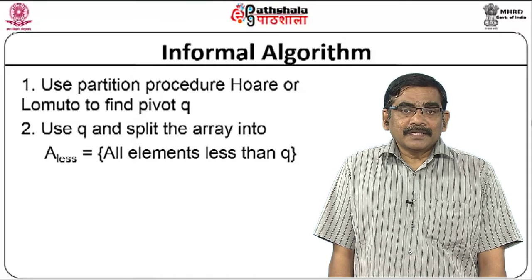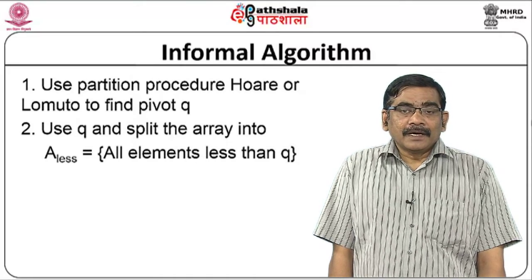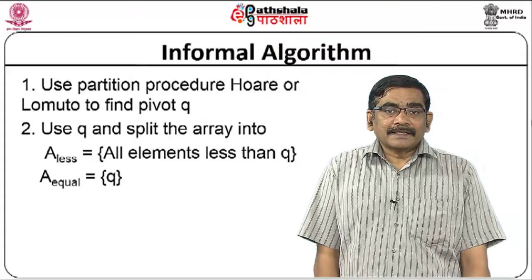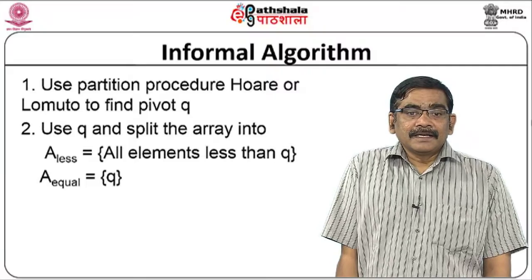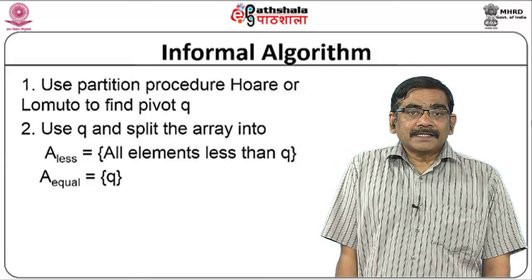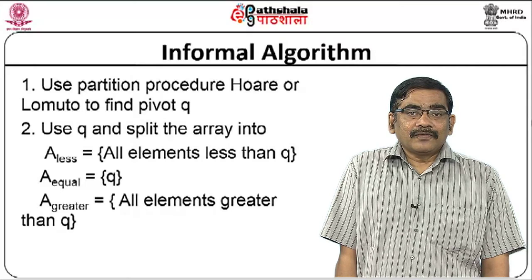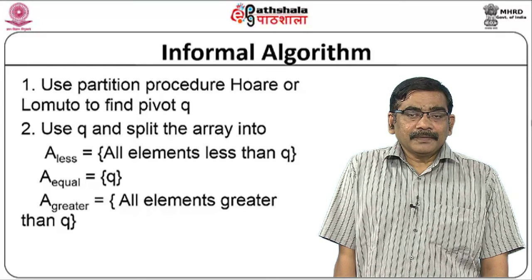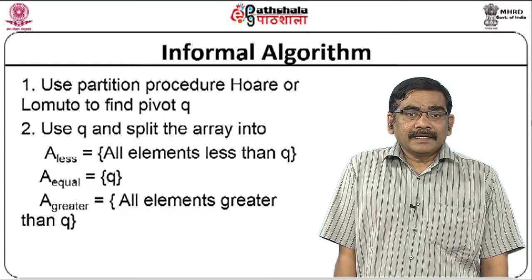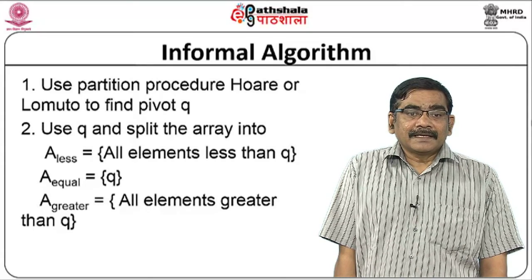Now, using this q, we are going to split the array into sublists, where A of less is all the elements lesser than q, A of equal is the pivotal element q, and A of greater is all elements greater than q.